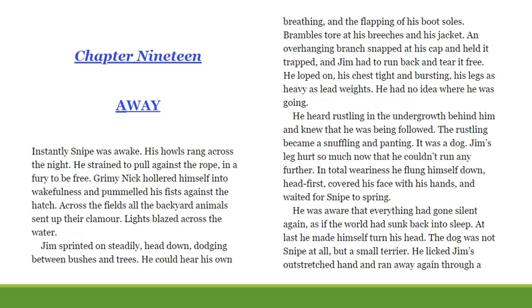He could hear his own breathing and the flapping of his boot soles. Brambles tore at his breeches and his jacket. An overhanging branch snapped at his cap and held it trapped, and Jim had to run back and tear it free. He loped on, his chest tight and bursting, his legs as heavy as lead weights. He had no idea where he was going.